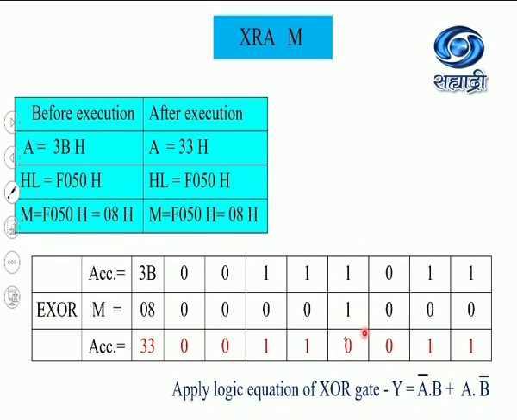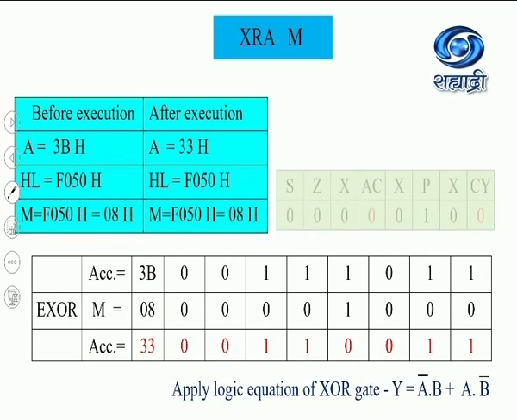Two inputs are same, output is 0. Two inputs dissimilar, output is 1. Two inputs not same, output is 1. And here two inputs are same, output 0. Two inputs are same, output 0. So we are applying logic equation for XOR gate to each pair of bits.